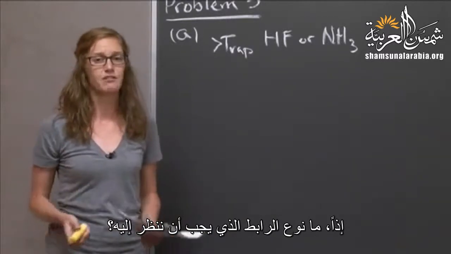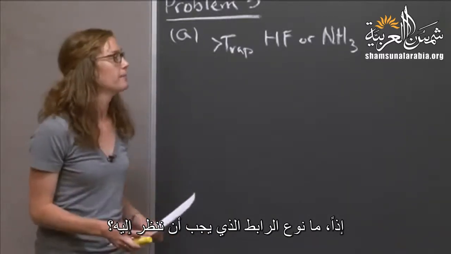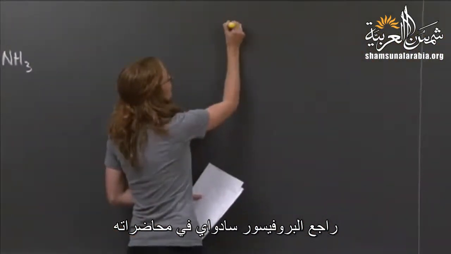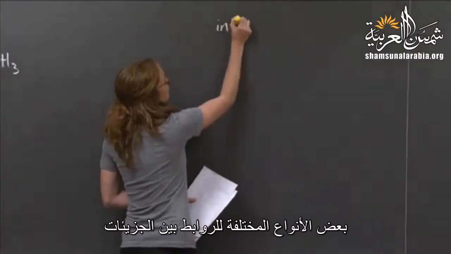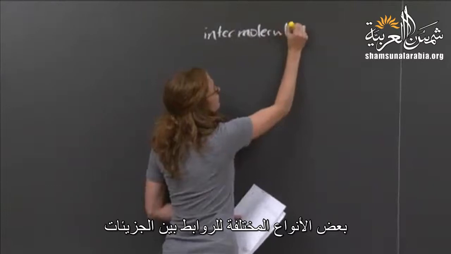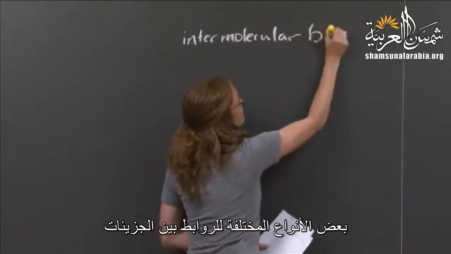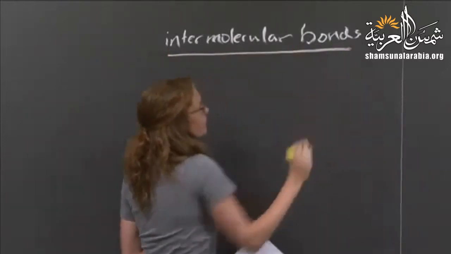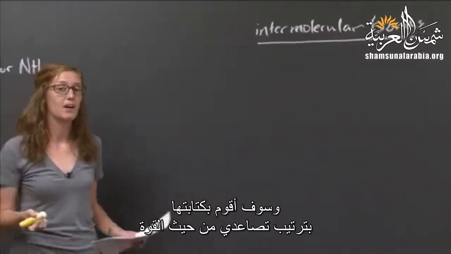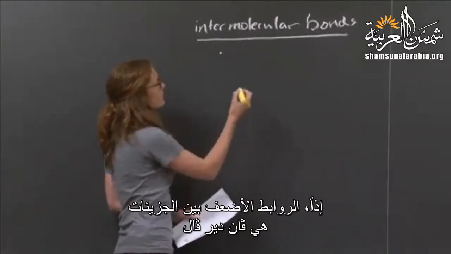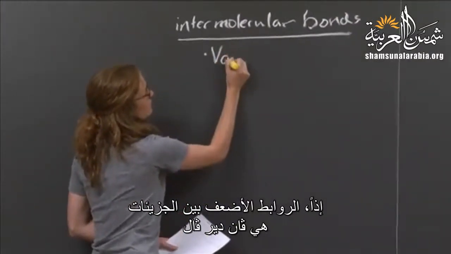And so what types of bonds do we have to look at? Professor Sadoway in class went over a couple of different types of intermolecular bonds. And I'm going to write them down in order of increasing strength. So the weakest intermolecular bonds we have are van der Waals.